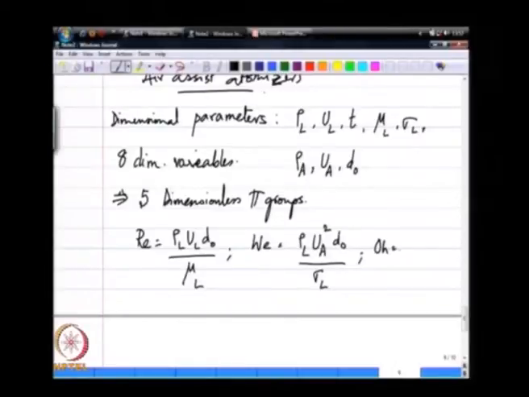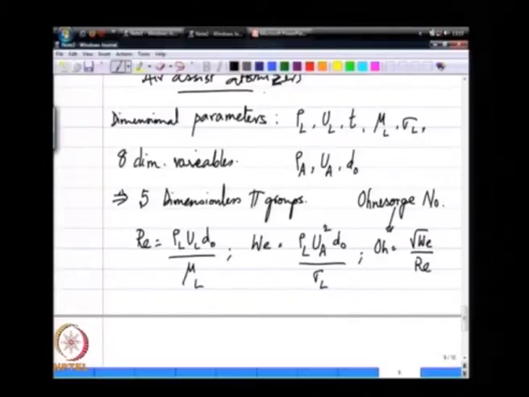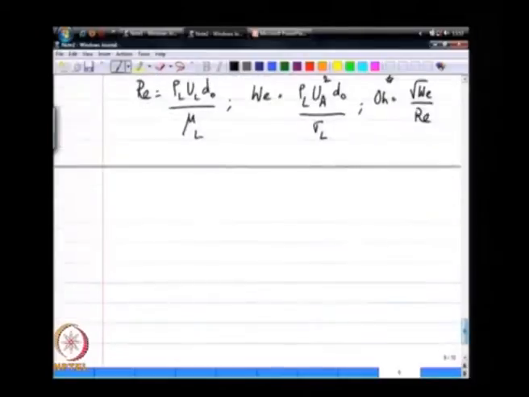Now, I also want to point out that Ohnesorge number is very often defined as the square root of the Weber number divided by the Reynolds number. But if I have Reynolds number and Weber number as two independent pi groups, then Ohnesorge number is only formed by a combination of these two pi groups and therefore cannot be regarded as a third independent pi group.